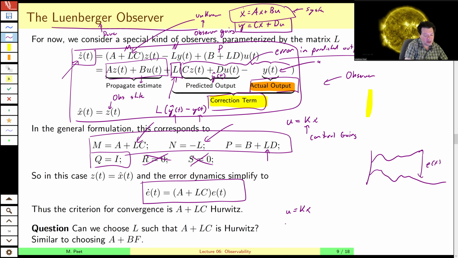We found that the closed loop dynamics were x dot equals A plus BK times x of t, and we wanted to make that system Hurwitz. Choose K such that A plus BK was Hurwitz. In this case, we want to choose L so that A plus LC is Hurwitz.